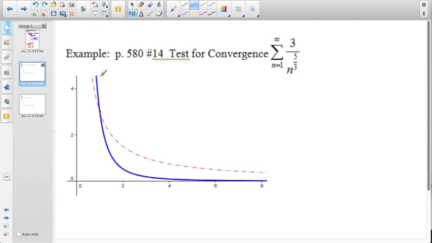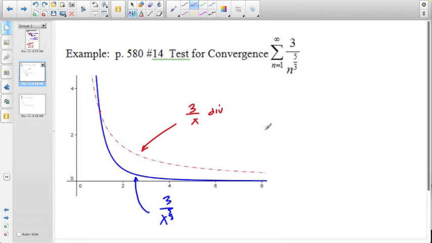We look at this blue curve here, which is 3 over x to the 5/3, and this red curve here, which happens to be 3 over x, and we see that this is our transition point. This is something that's divergent because we're talking about a power of 1. This is something that's pinching off far more severely.